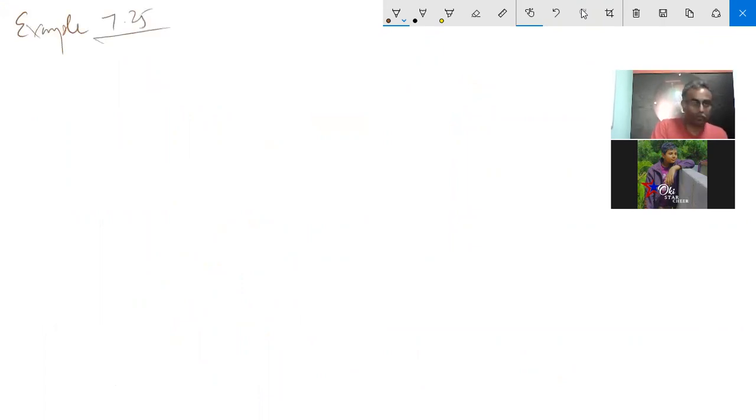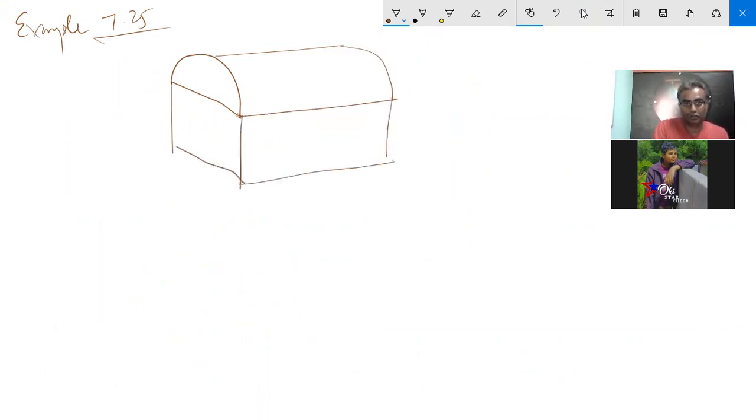So there is a jewel box, and it is telling the shape of a cuboid.